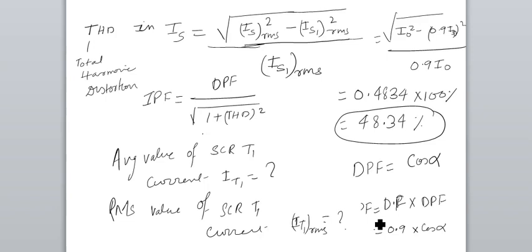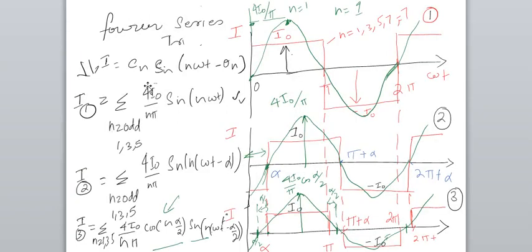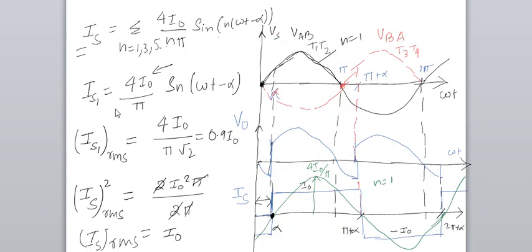We have derived these from the Fourier series of the waveform, defined the fundamental component and the RMS values, and then taken out the displacement and distortion factors. So this is the basics of your power electronics. Okay, thank you.